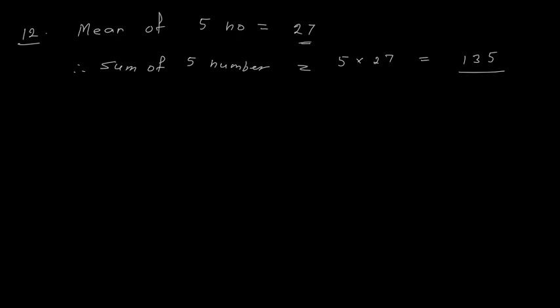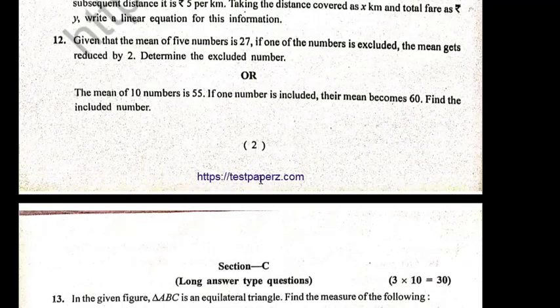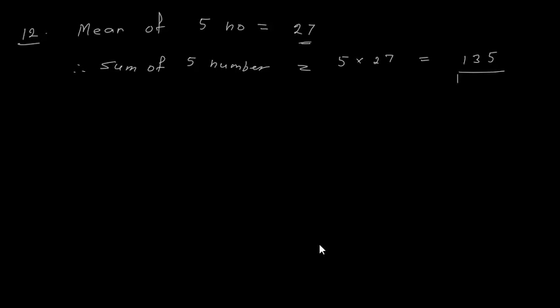Now I have the sum of 5 numbers. They said that if we exclude one number, the mean gets reduced by 2. So let x be excluded. Then my sum will become 135 minus x.